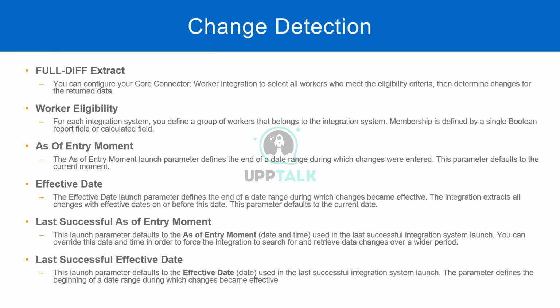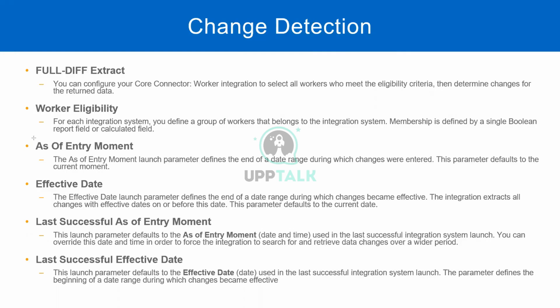Then comes a very important combination of four dates. It is very important that we understand this, because this is key to understanding our overall change detection method. So we have four date fields, let me color code them.